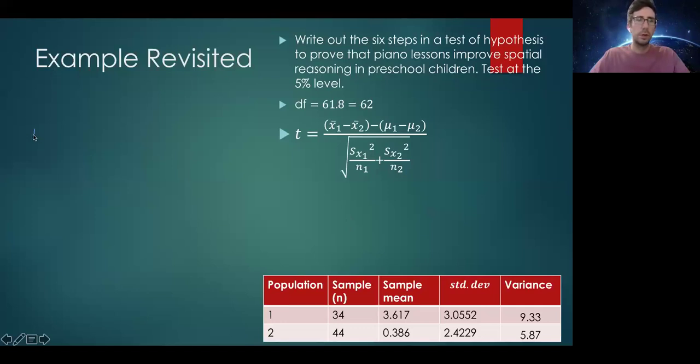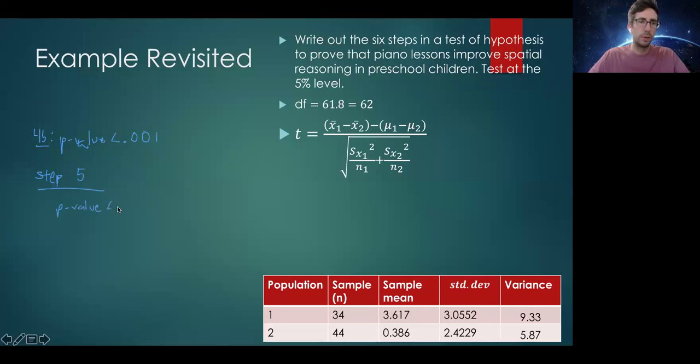So step 4b was to calculate the p-value, which we just did. It is less than 0.001. Step 5, we compare our p-value to our alpha.